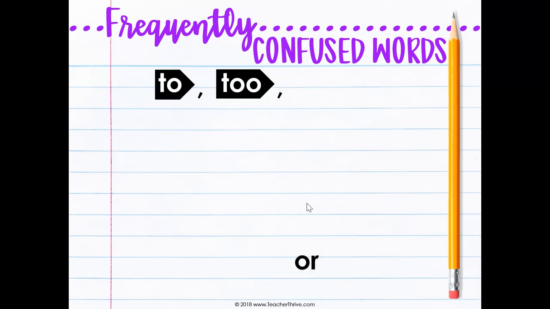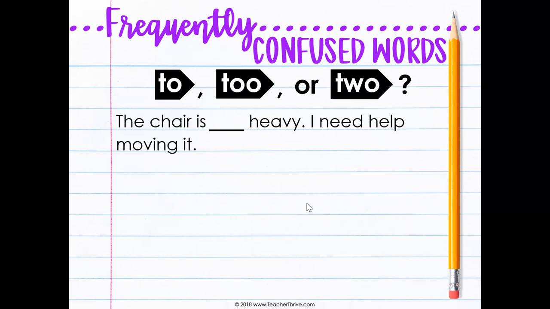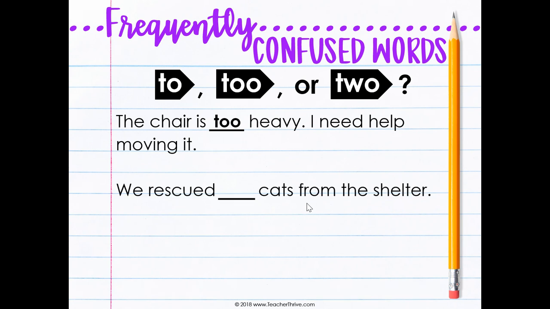Which one will it be? The chair is too heavy. I need help moving it. Too, it's too much. We rescued two cats from the shelter. Two, the number two. Good.